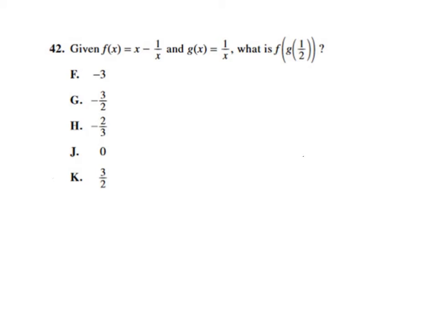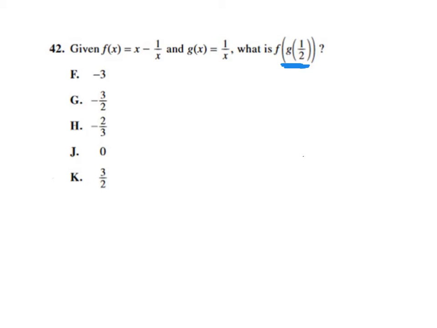Number 42, given that f of x equals x minus 1 over x, and g of x equals 1 over x, what is this composition function, f of g of 1/2? Well, this is a composition of two functions, f and g. We always start at the innermost function and evaluate this.